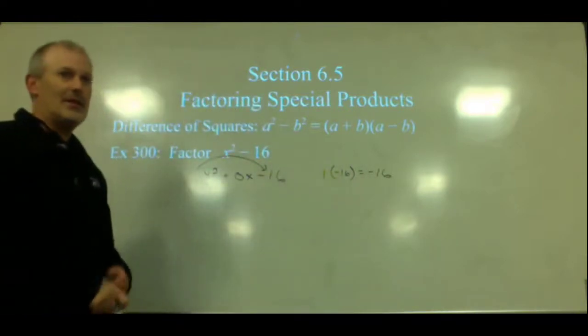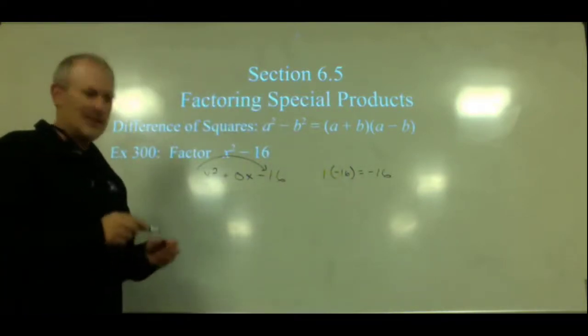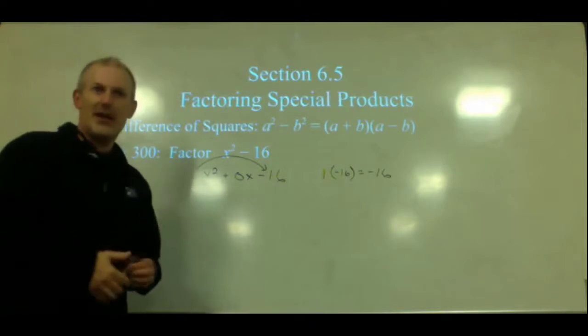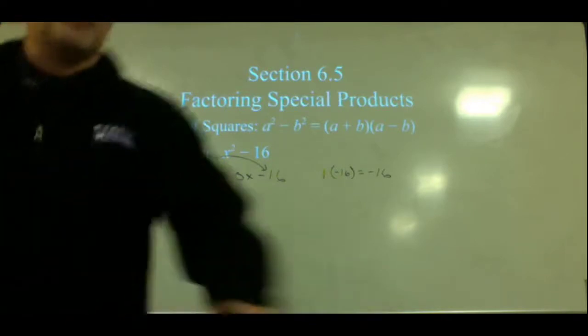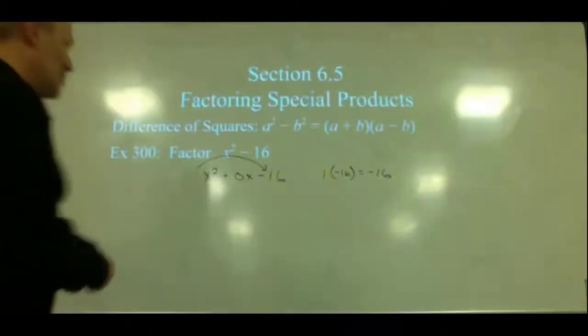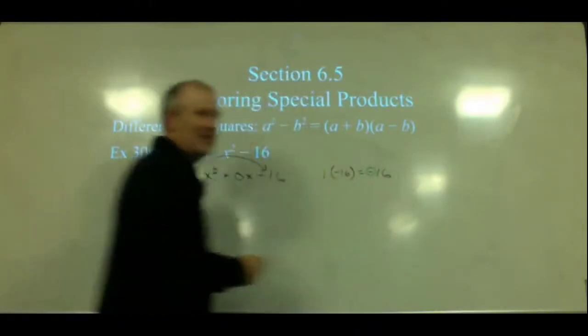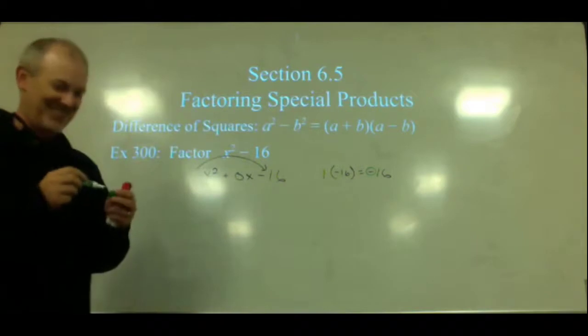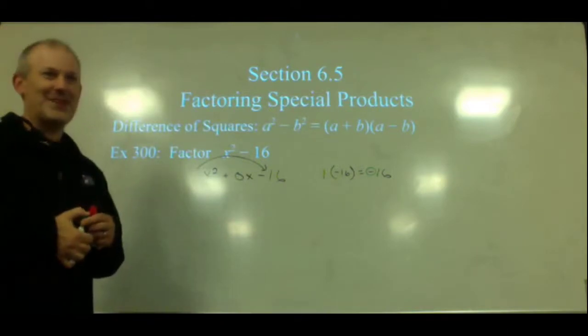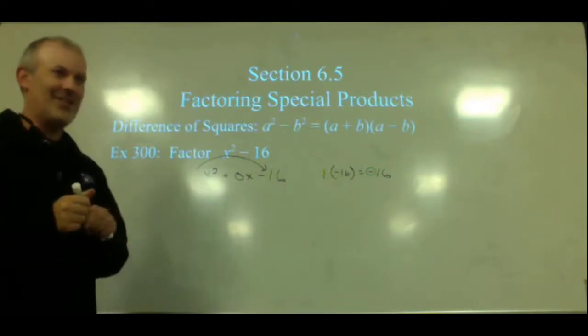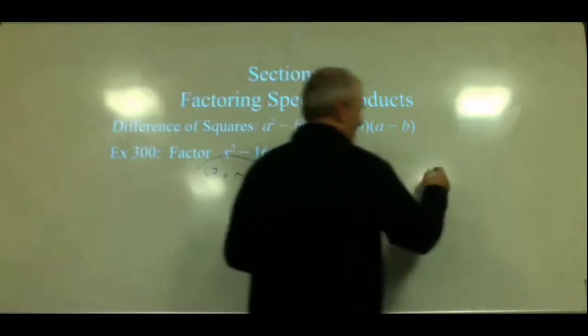Write it down if you want to, but again, this is if you're not going to use the pattern. What does this negative tell us about the signs of the numbers that we're looking for? Different. One is positive, one's negative.